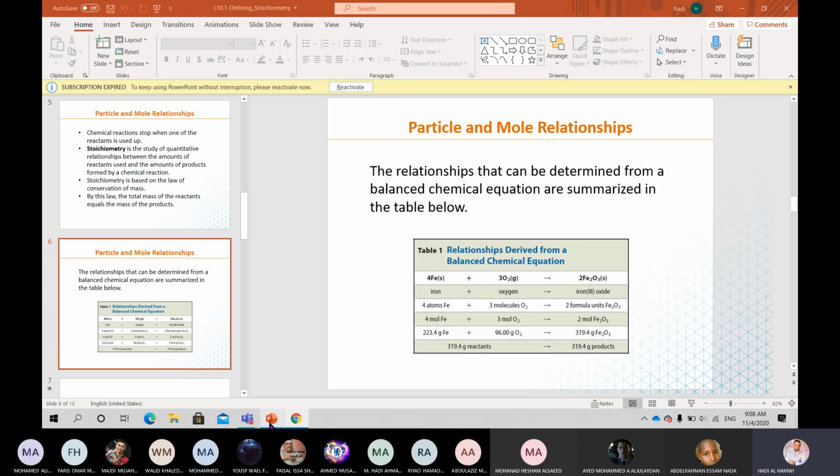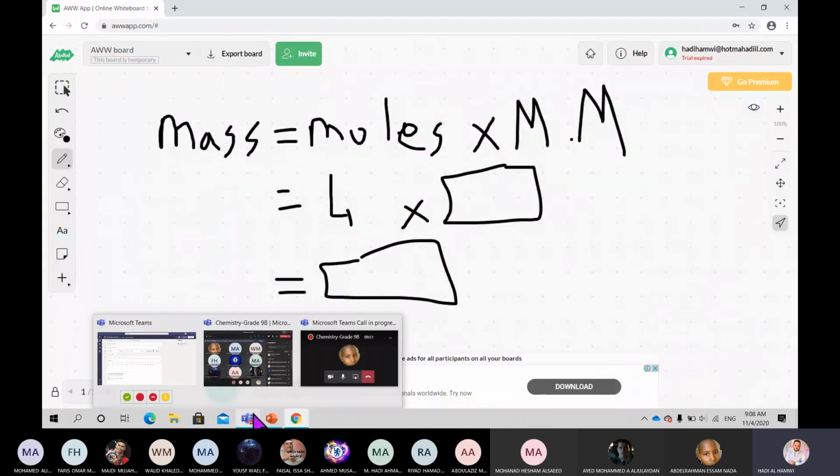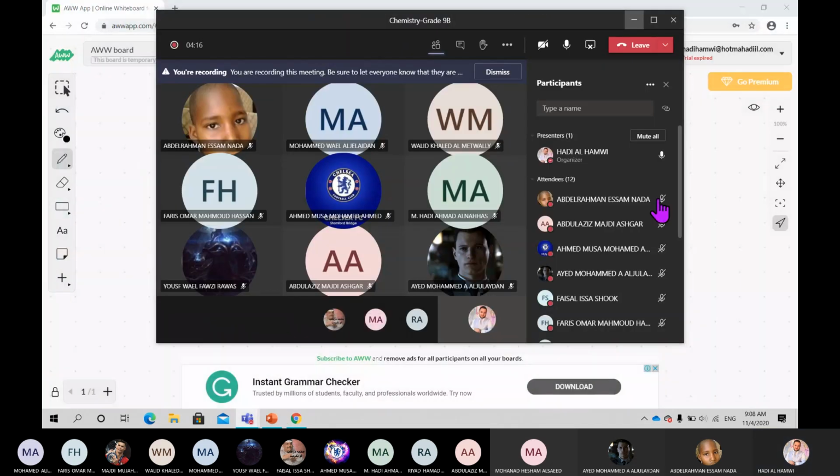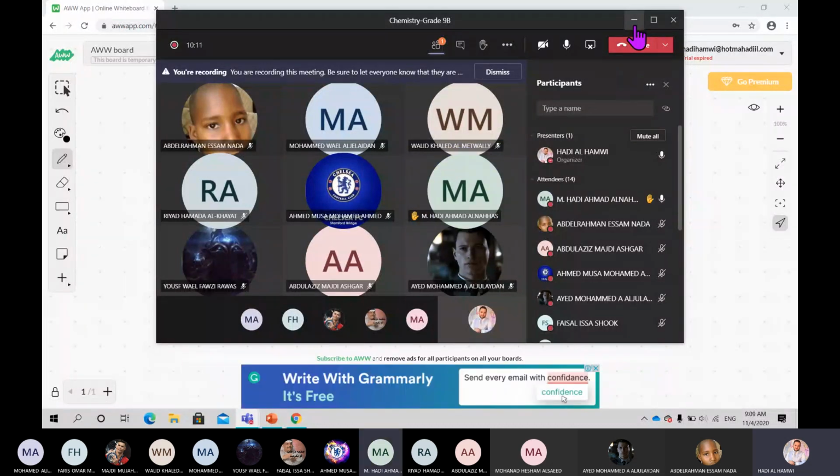So here we have 4 moles of Fe, and we multiply it by the molar mass of iron. Who can please find from the periodic table what the molar mass of iron is? Raise your hand if you can. Find the molar mass of iron from the periodic table.